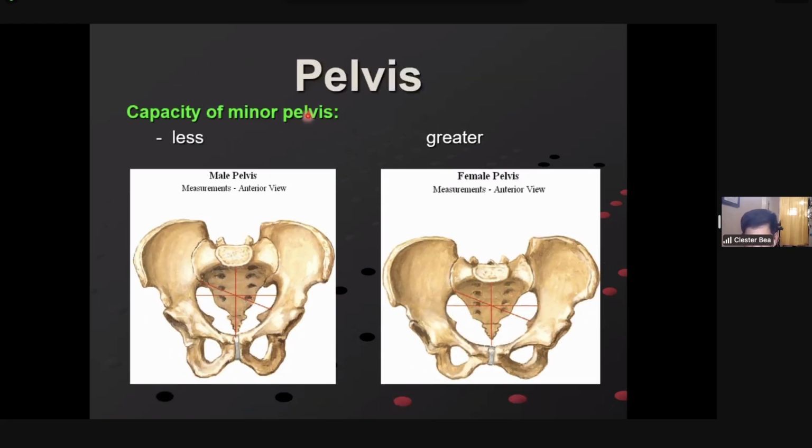The capacity of the minor pelvis or the true pelvis is greater in the female, lesser in the male. And that rightfully so, because in the true pelvis of the female, you need more space there because the uterus is an additional organ found in the female pelvic cavity. Okay, aside from the rectum, urinary bladder, may uterus ka pa doon. So you have a greater capacity of the minor pelvis.